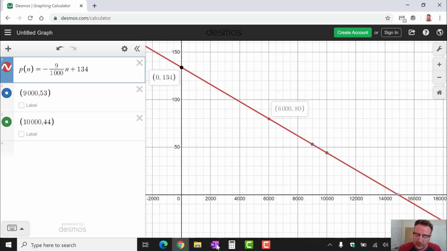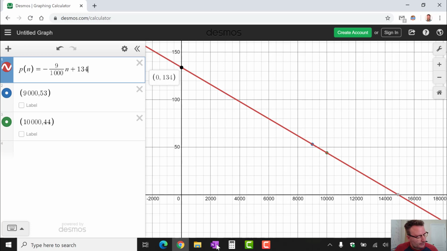What is this point? At a price of just over $80, the quantity demanded will be about 5,900 plus shirts. So as the price comes down, the number of orders that apparel companies will put in for the shirts will increase. So demand curves always have a negative slope to them.